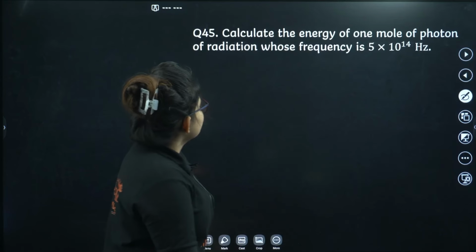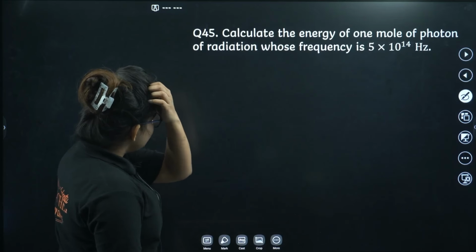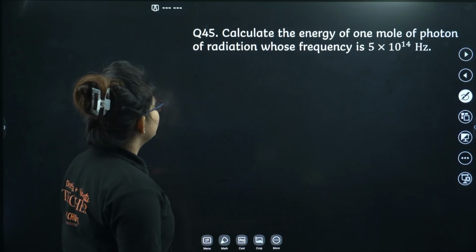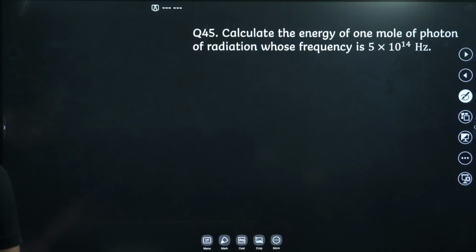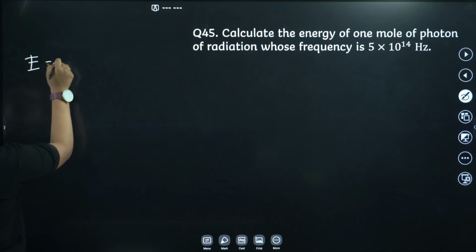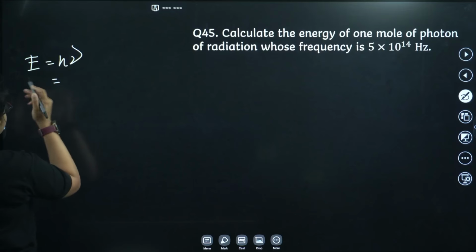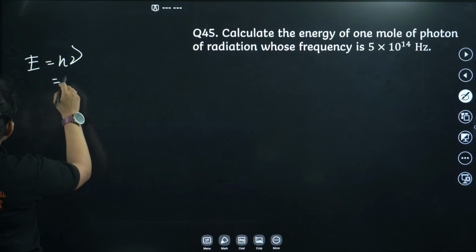Okay, so here, calculate the energy of 1 mole of photon of radiation whose frequency is 5 into 10 power 14 Hz. So first we will apply E equals h nu. We will calculate the energy of a single photon at first.